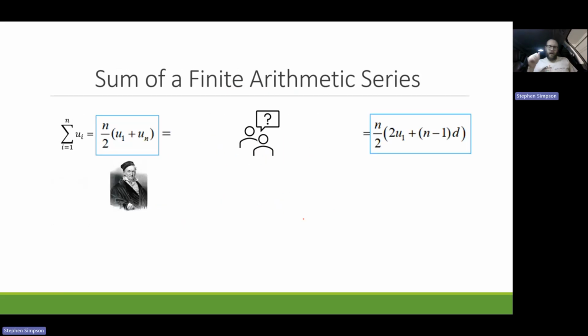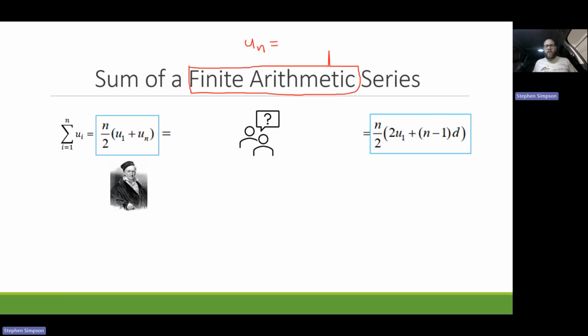There is a formula that we can use to find the sum of certain specific types of series. The first type we're going to talk about is a finite arithmetic series. So a very specific kind, finite meaning it ends, and arithmetic meaning it's one of those where you add the same thing each term.